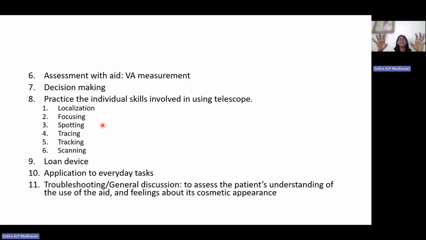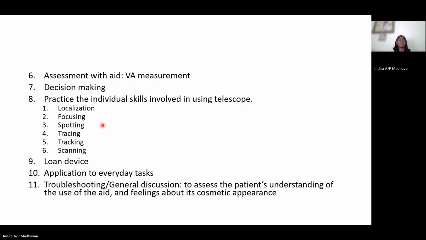If the patient is comfortable and the VA is achieved, then it can be prescribed. So that is how we make the decision. If it doesn't work, you can straight away go to the next step. You just explain to them why it didn't work, why you're not prescribing, and then you end that.